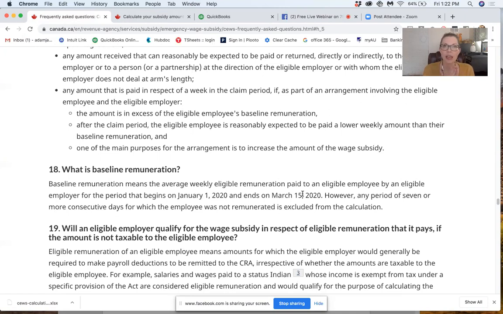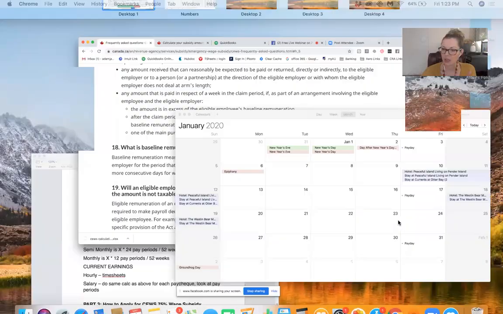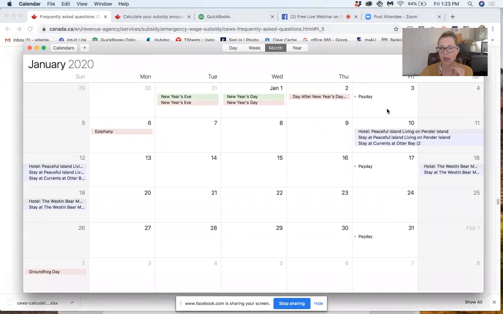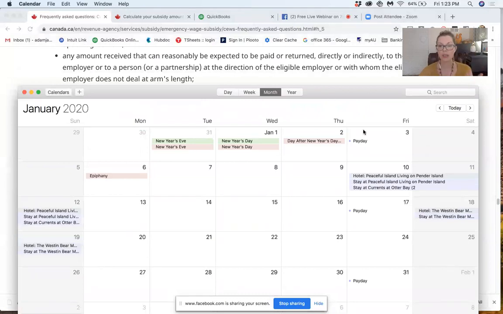So for example, a common pay period is bi-weekly, which would be every 2 weeks. Oh, and I've got my calendar here because I was going to show this as an example. So for example, if I had a biweekly pay period of every second Friday, which is a common one for companies, and in January 2020, my first pay day was the 3rd, and then the next one after that was the 17th, and then the 31st. The money that I'm receiving on January 3rd would be for the 2 weeks previously. And this is how we normally do it for payroll.